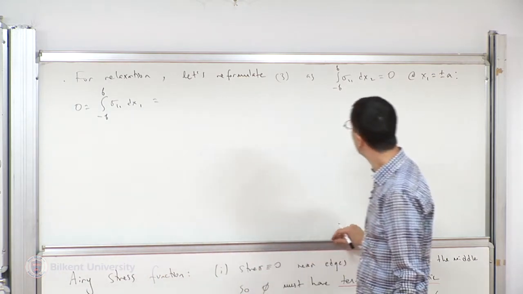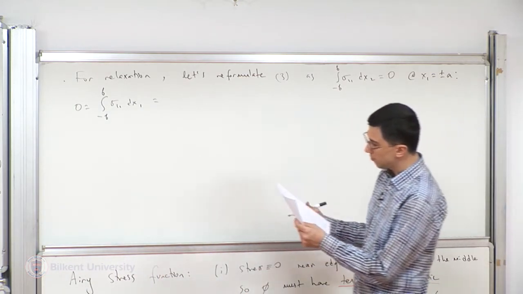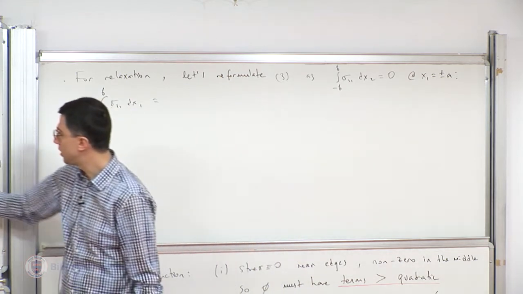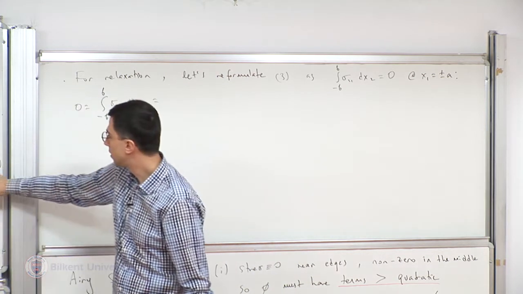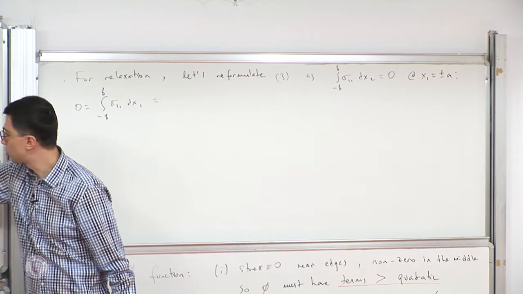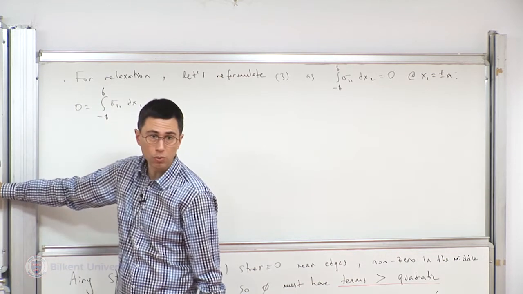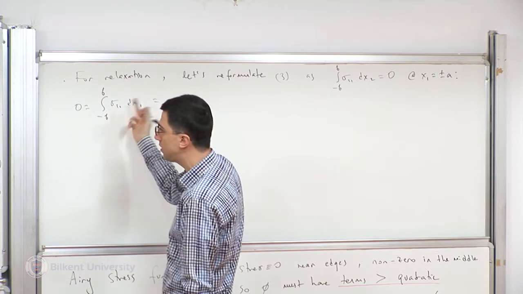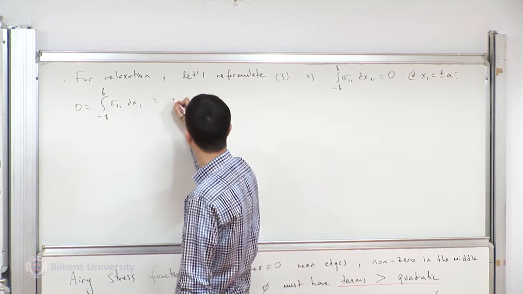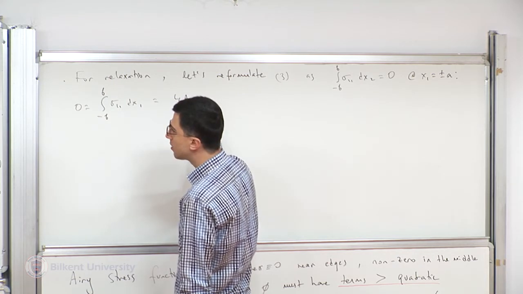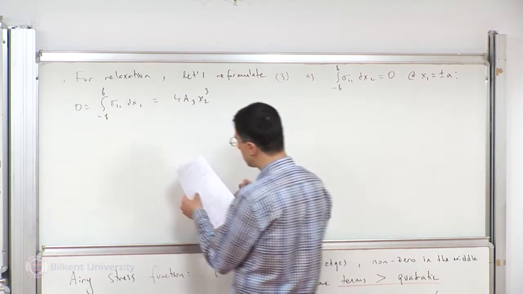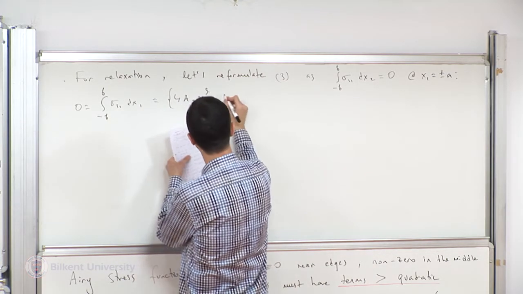I have already sigma 1,1 as a function of x2 evaluated at x1 equals plus or minus a. So this is the quantity that I need to plug in and integrate. So if you integrate, you will get 4a^3 x2 cubed, etc. So let me go through the integral quickly.